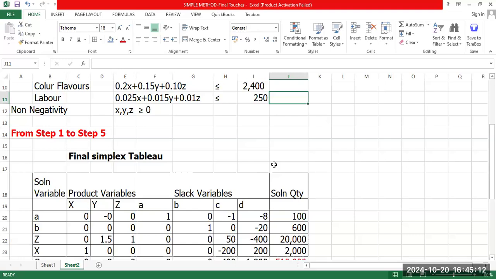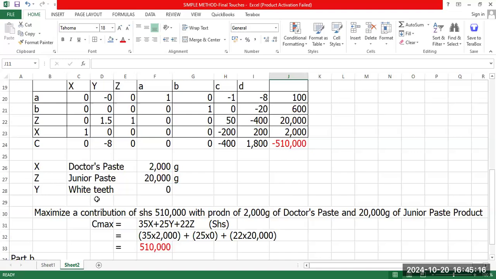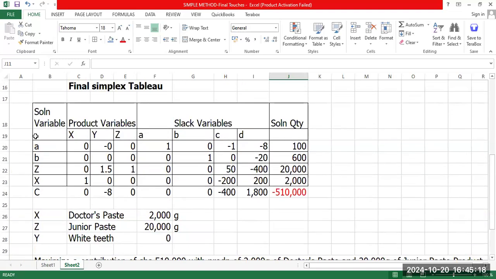We want to see, do we have unutilized resources? And how do you know unutilized resources? You are going to come back here, based on your final table.